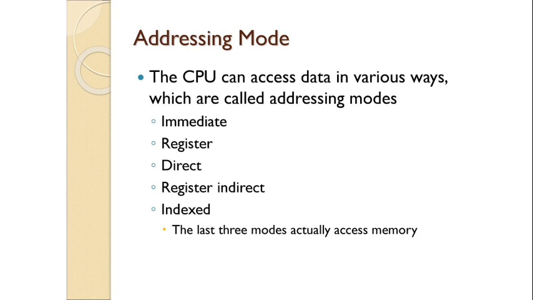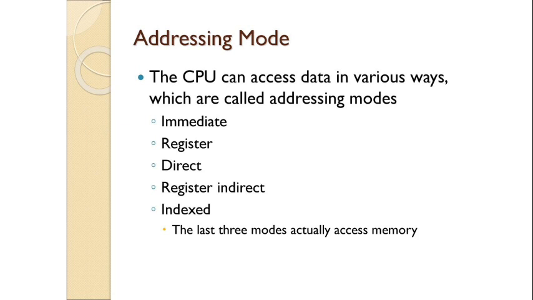The data whatever we are giving to the CPU can be in a register, or in some direct address, or it can be the direct value itself. To access those data we have different addressing modes. In various ways we can address those data. Those varieties of addressing data are called addressing modes.